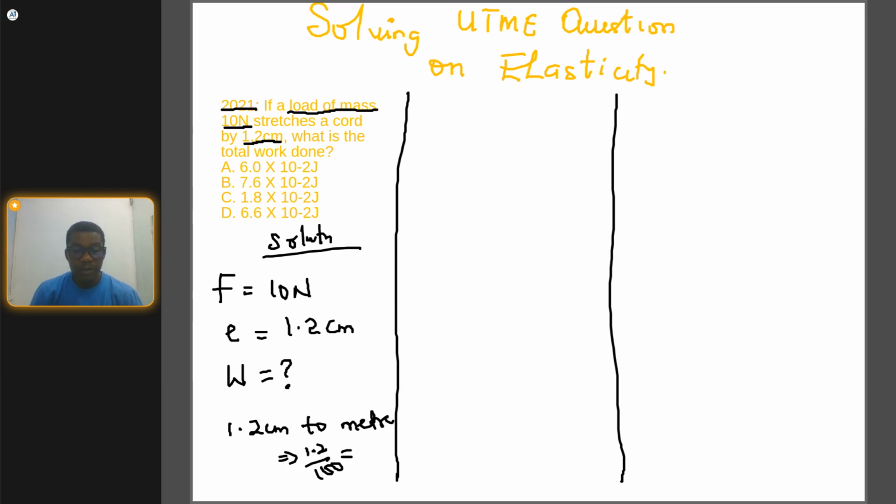So 1.2 divided by 100 is 0.012. So the extension is now given as 0.012 meter. That is the value of the extension now.